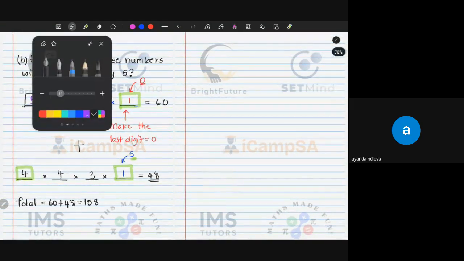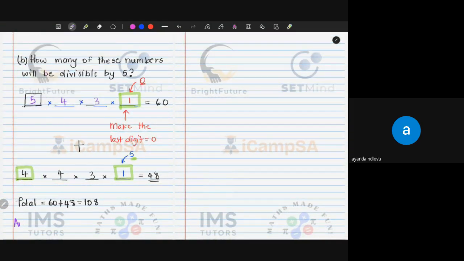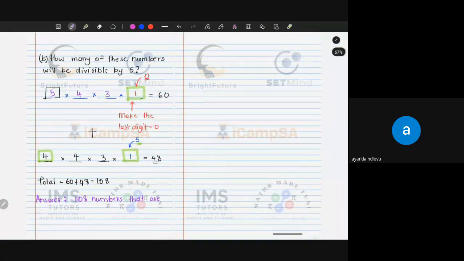So the answer to our question is that we will have 108 numbers that are divisible by 5.